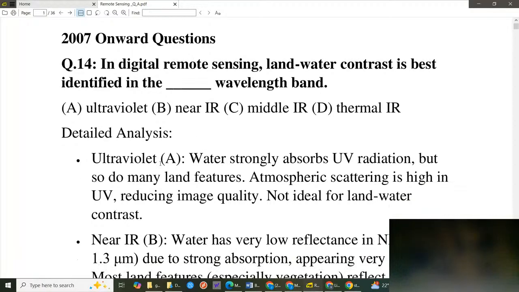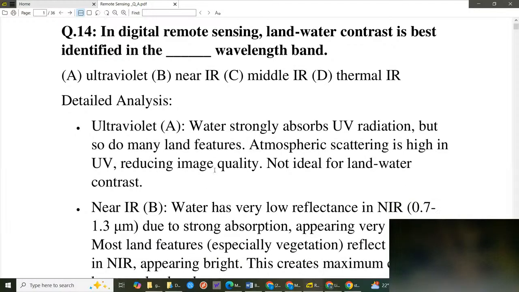The first thing, ultraviolet. Water strongly absorbs UV radiation, but so do many land features. Atmospheric scattering is high in UV, reducing image quality, not ideal for land-water contrast. So that's why ultraviolet is not useful. Near infrared, that is the B option.